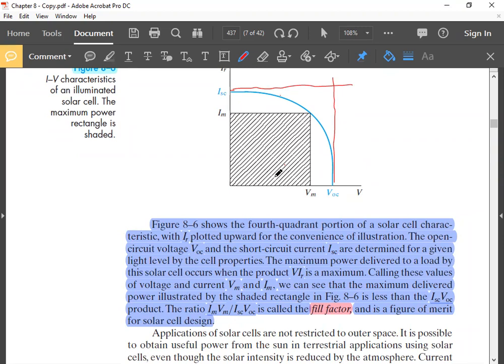So in terms of power, higher fill factor means better solar cell, and lower fill factor means not so good solar cell. Figure of merit is also related to design considerations, since a solar cell with larger fill factor is desirable. So I have also included this in the design considerations.